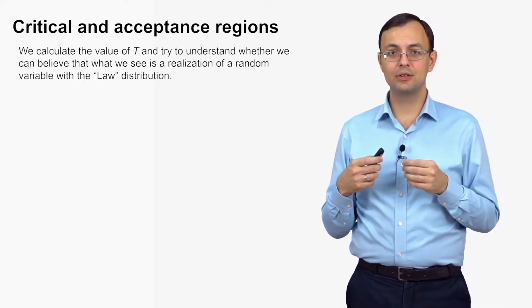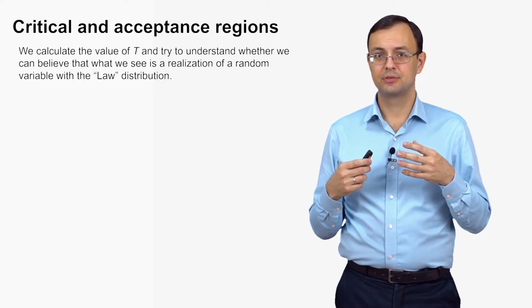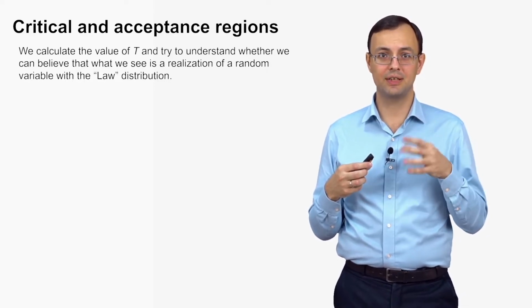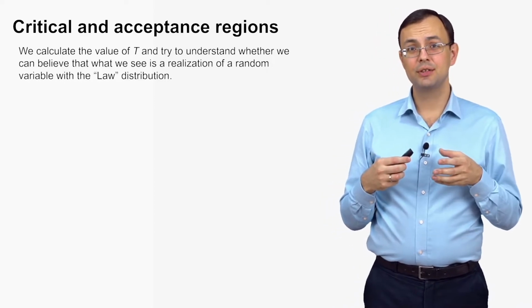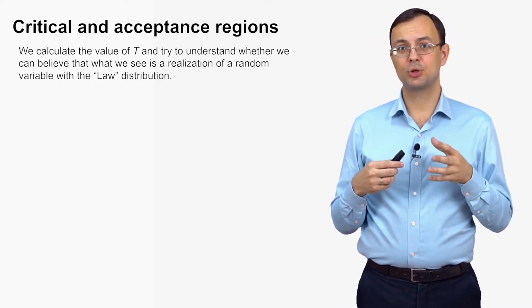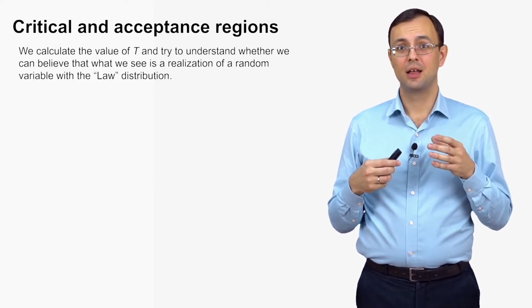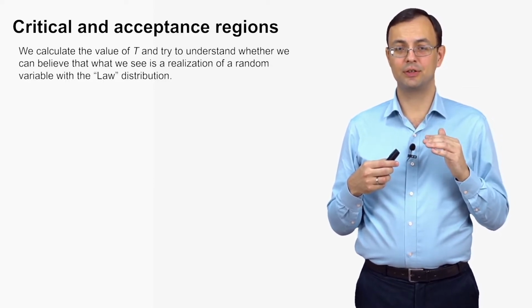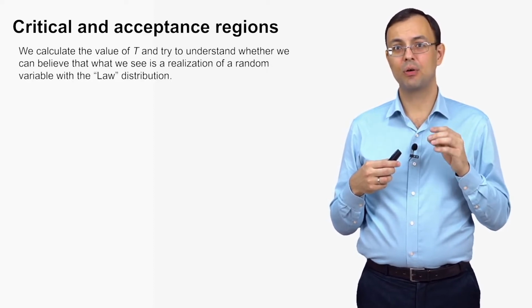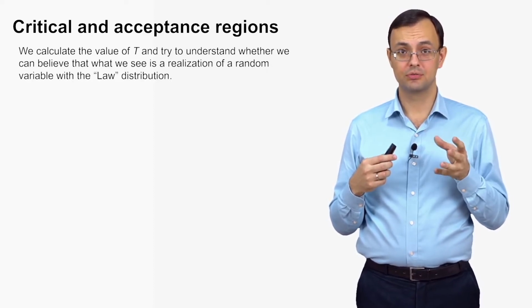And when you answer my question, when you choose whether to believe me or not, what do you do? You are trying to understand if this value I'm showing you is a highly probable value, a likely value of this random variable, or not.